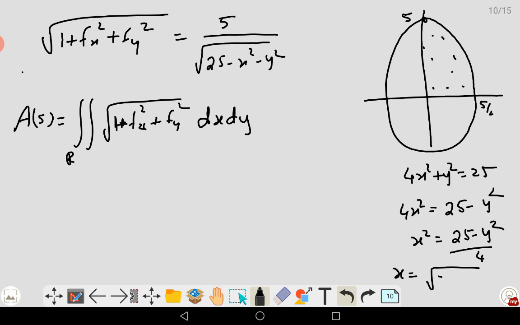So x is the square root of 25 minus y square over 4. The square root of 4 is 2. Now the square root is only on the numerator.